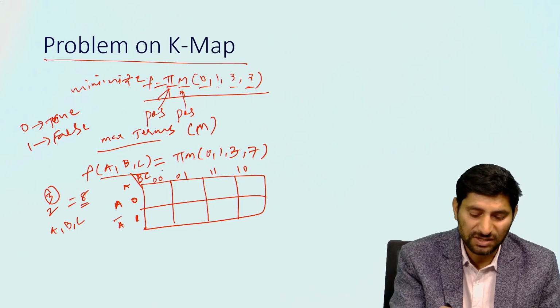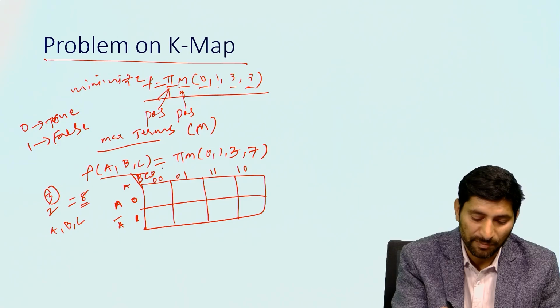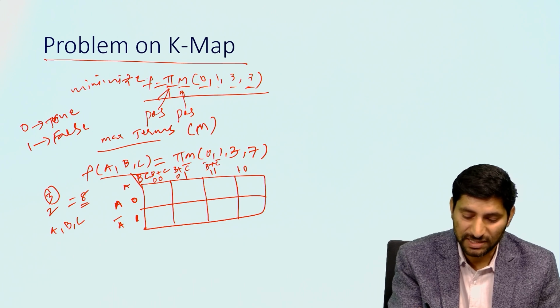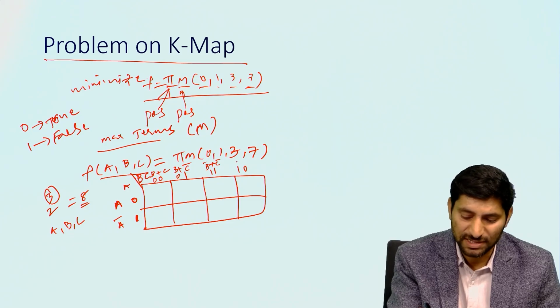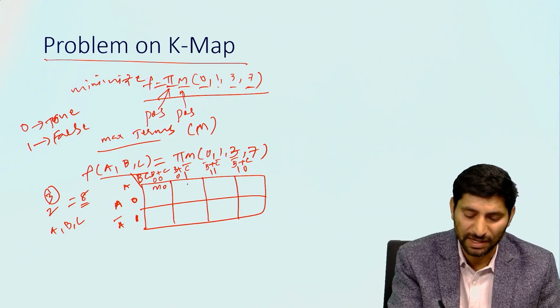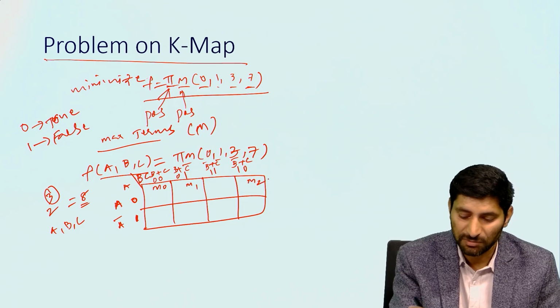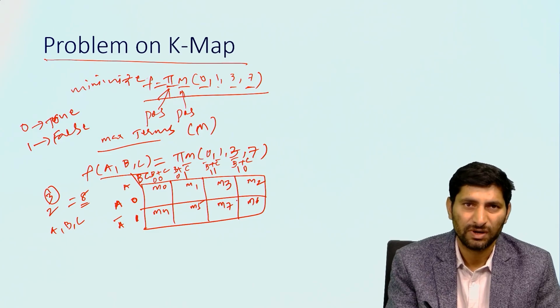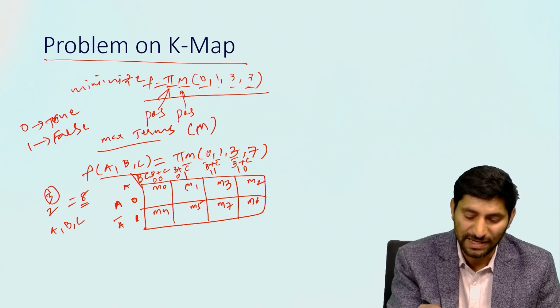Next, for BC, 00 means B plus C, 01 means B plus C bar, 11 means B bar plus C bar, and 10 means B bar plus C. These are the terms given. Using these terms, if I want to represent the K-map, the terms M0, M1, M2, M3, M4, M5, M6, M7 will come. These are the max terms, denoted by capital M.